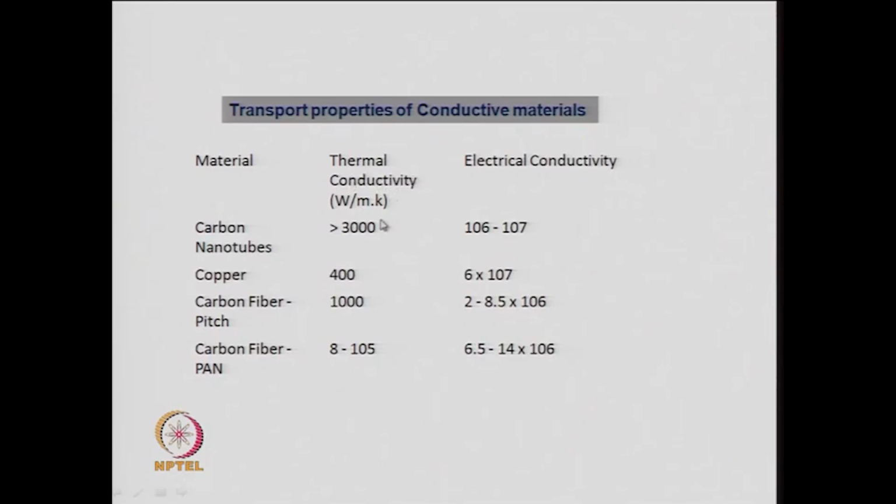So, if you look at carbon nanotubes compared to other materials like copper or other carbon fibers, you see this number of 3000 or greater than 3000 is one order of magnitude higher than copper and 3 times that of a well known carbon fiber.